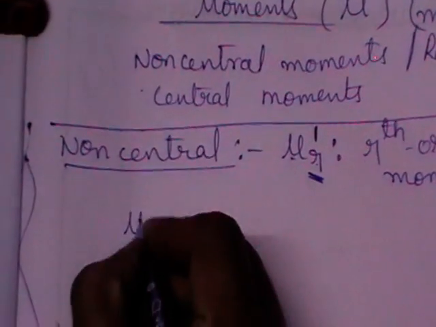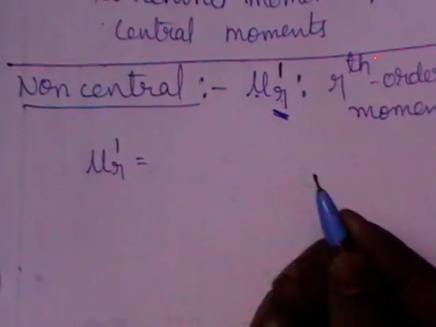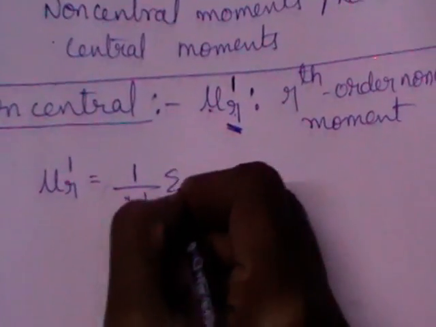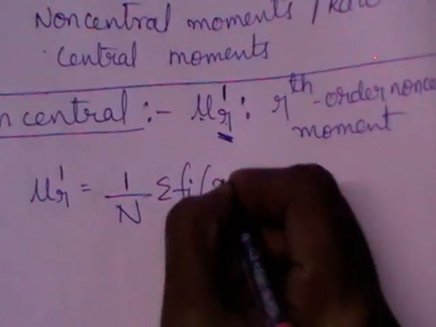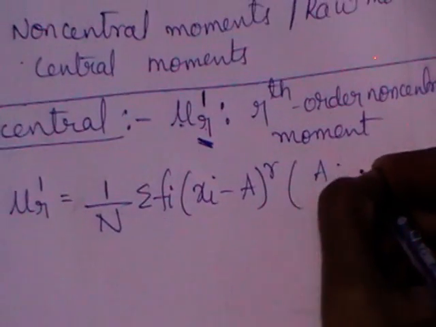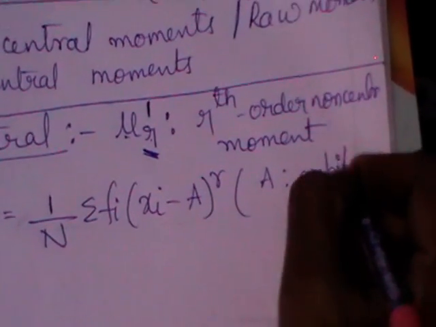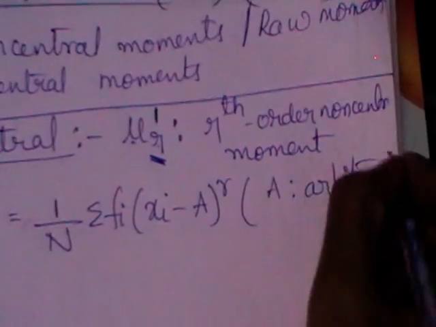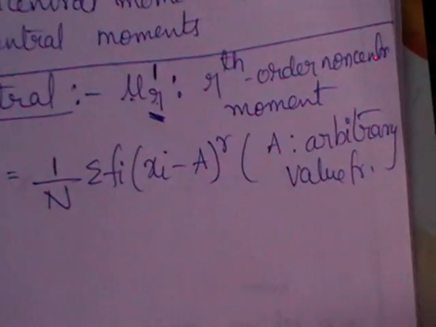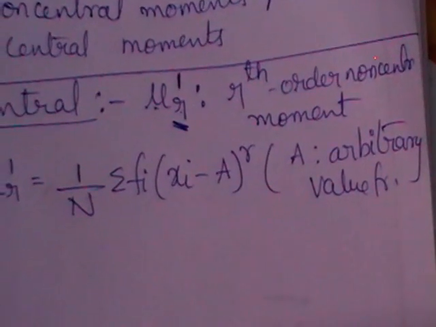All these are nothing but deviations, and deviations are nothing but differences. It is 1 by n sigma f_i into (x_i minus a) whole power r, where a is any arbitrary value, chosen at random. There are two types of moments, central and non-central.